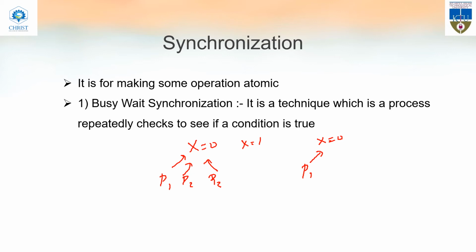When it accesses the resource, it has to set x equal to 1. But before setting x equal to 1, P2 comes. P1 has already left after checking that x equals 0, that is, after reading.